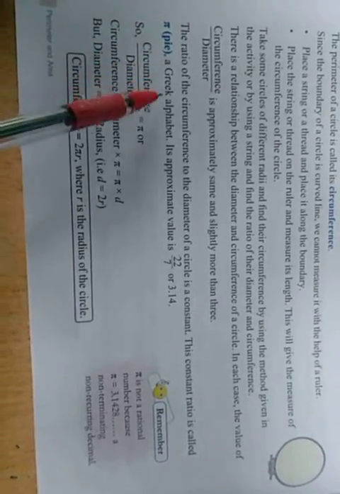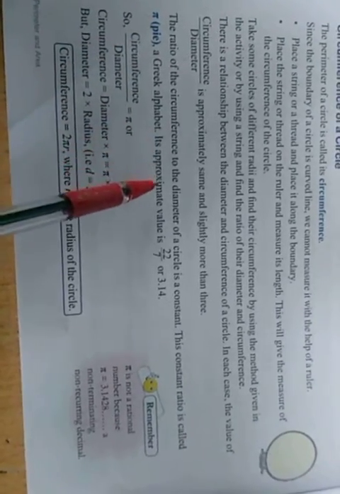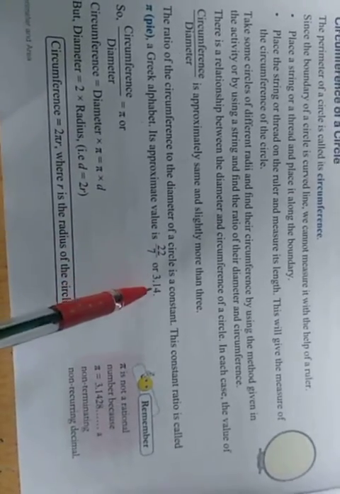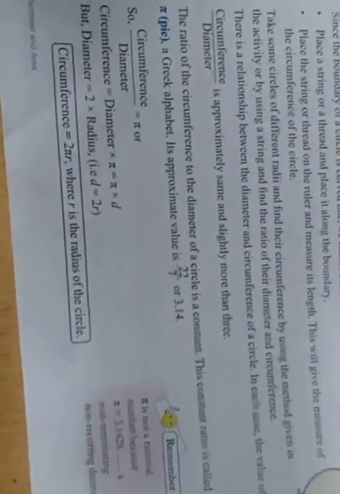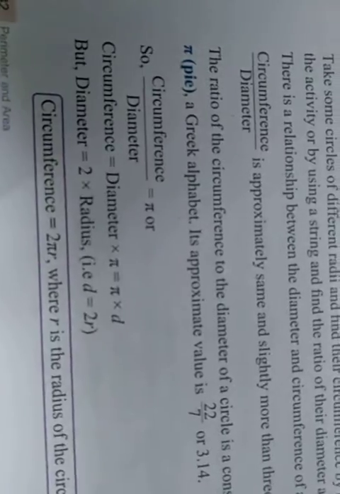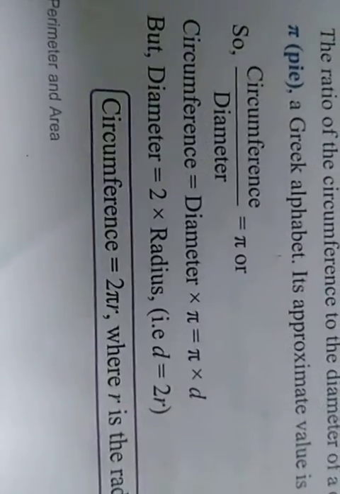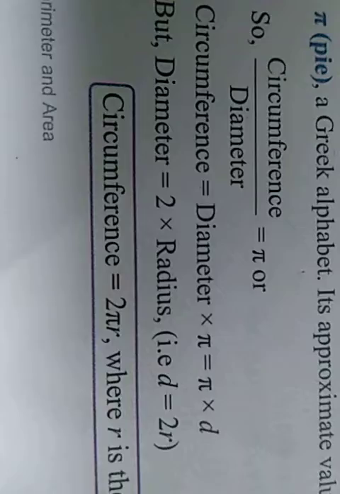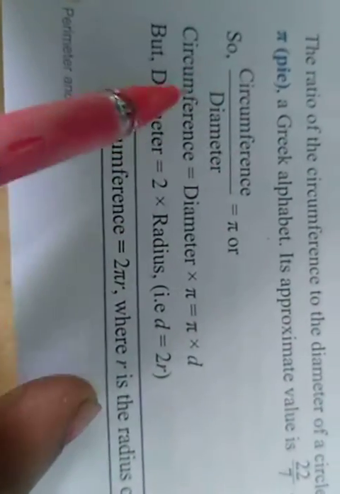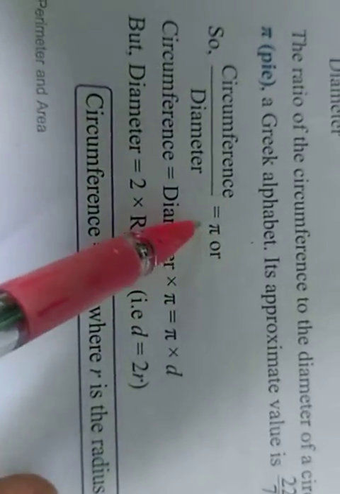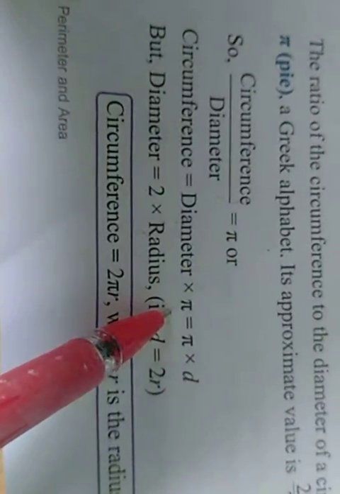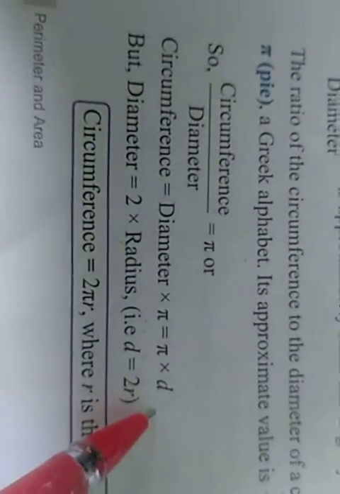Pi is a Greek alphabet. Its approximate value is 22 upon 7 or 3.14. So circumference divided by diameter is equal to pi, or circumference is equal to pi multiplied by diameter, or diameter multiplied by pi, or pi d.